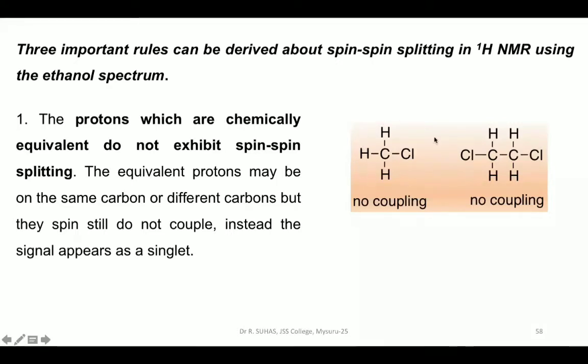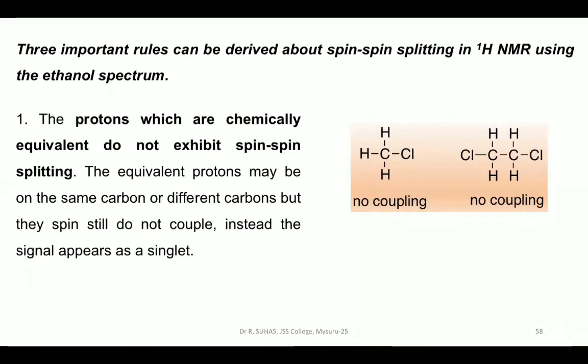Say for example, this is methyl chloride. Here all the hydrogens are present in the same atmosphere, and hence we say that these are chemically equivalent protons, and these chemically equivalent protons do not exhibit spin-spin splitting or spin-spin coupling. First, the 2 protons which are present nearby each other should couple, they should interact.